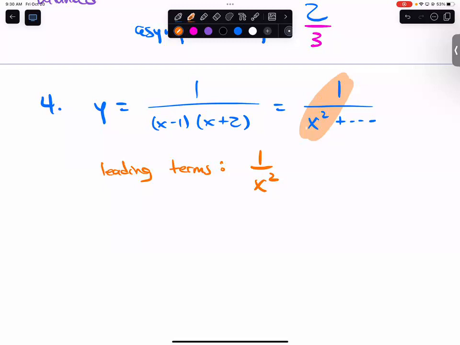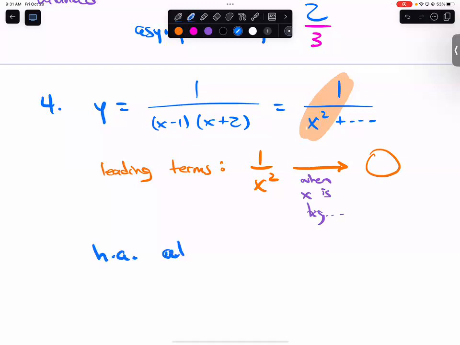So what's that going to do when x is big? It's going to be closer and closer to 0. It's going to be positive because x squared is positive, positive divided by positive. But the farther and farther out I go, the more that thing is going to get squashed down onto the x-axis. So it's going to level off, but at 0. And you can see that from the graph as well. That means that this has a horizontal asymptote at y equals 0.